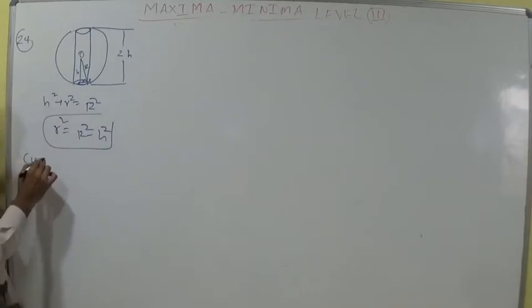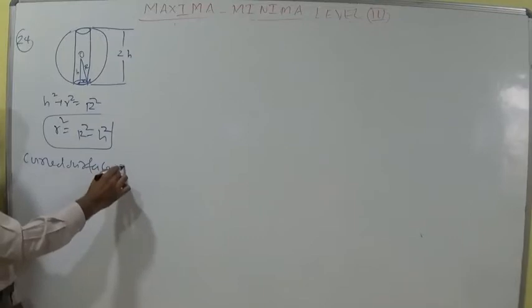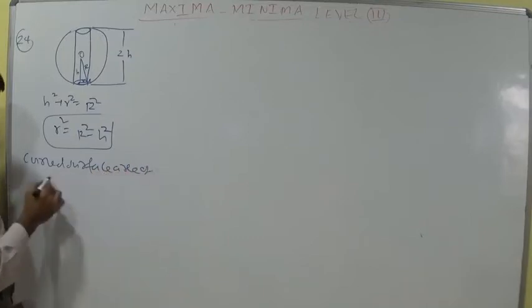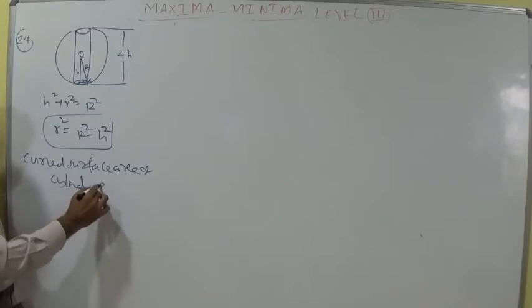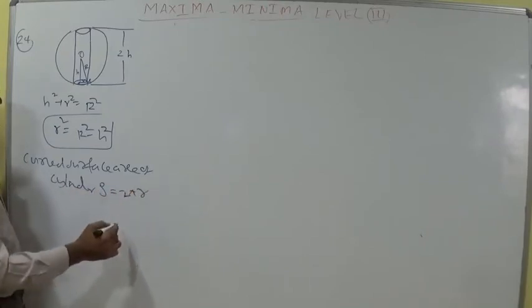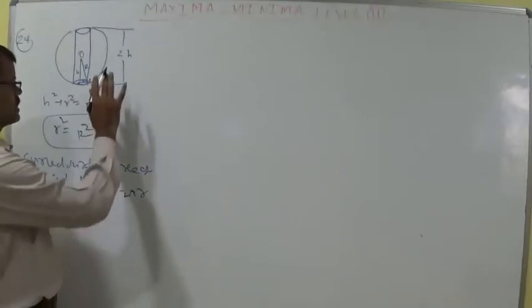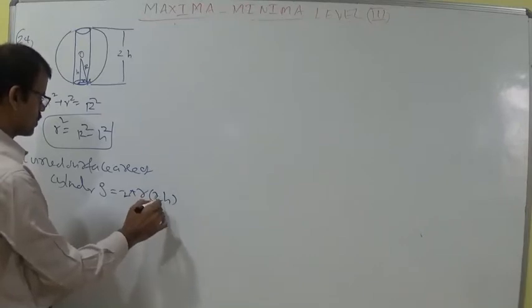Curved surface area of the cylinder S is equal to 2 pi rh, but h we thought as 2h.